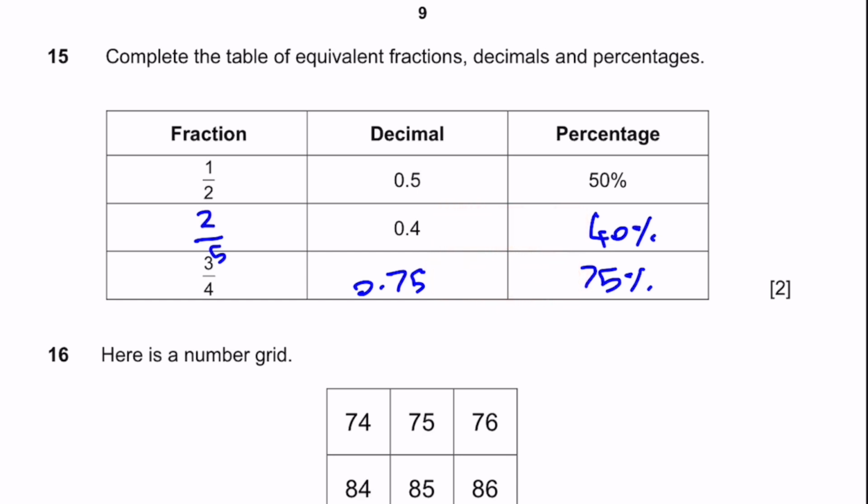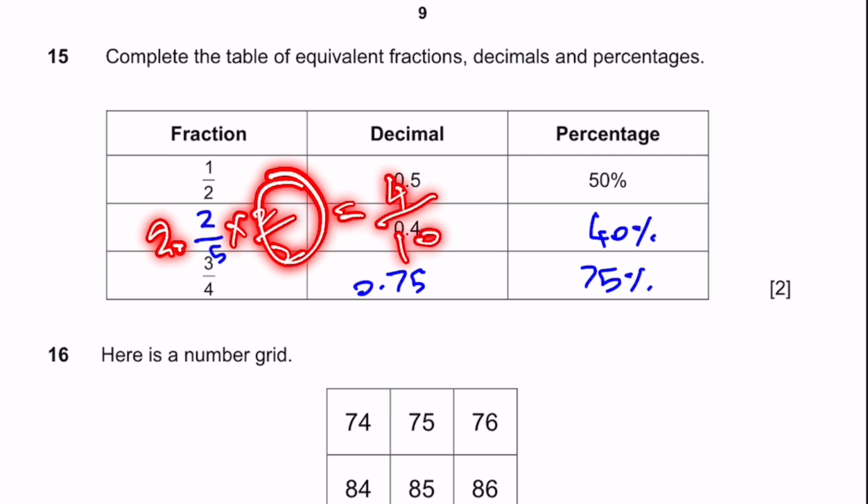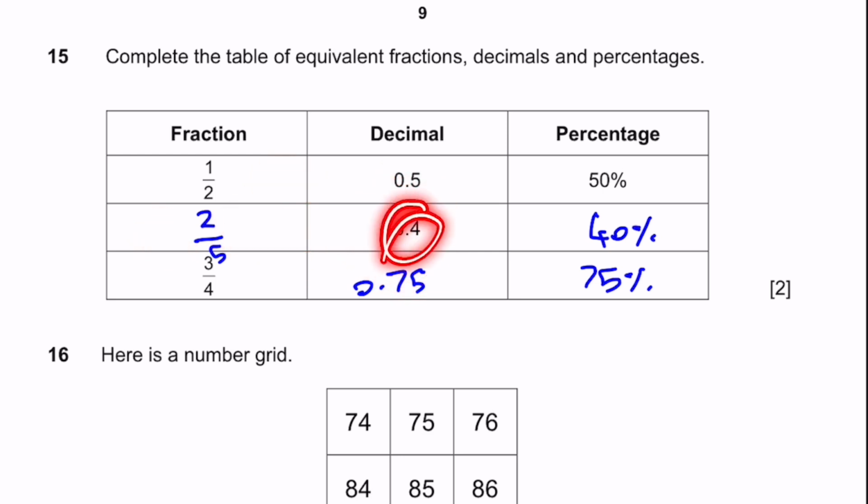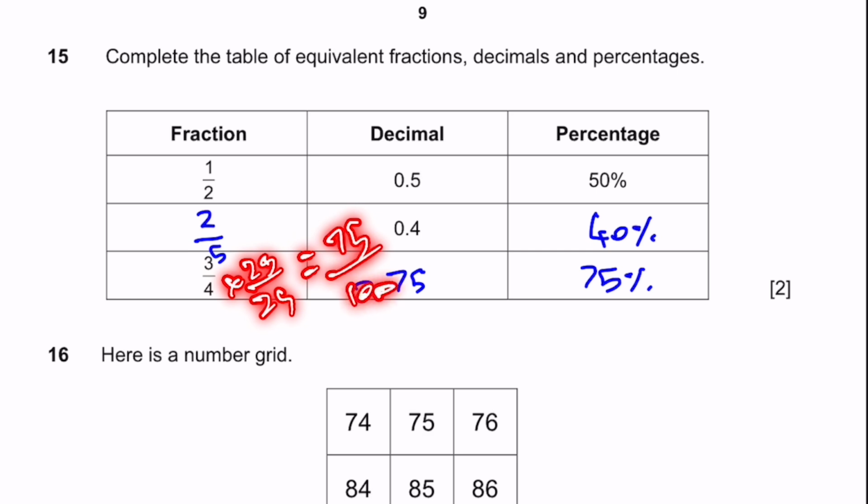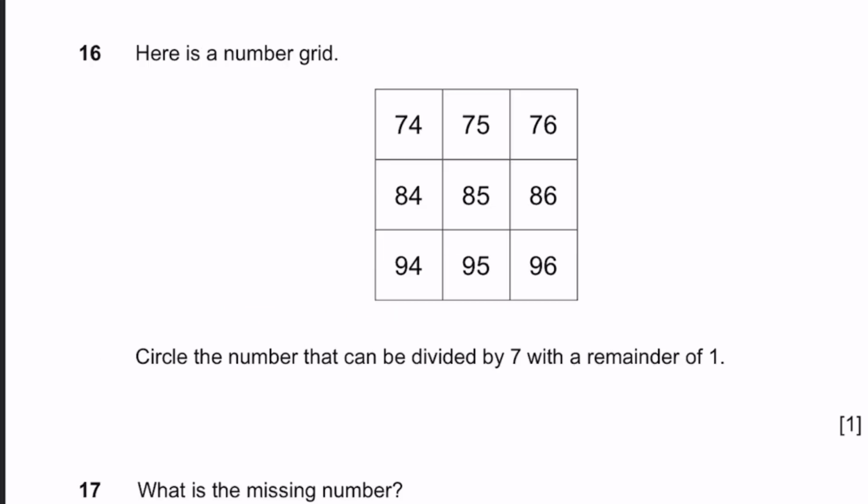And for the fraction, multiply it by some amount. For the second one, it'll be 2 by 2 to get the denominator as a power of 10. In this case, it'll be 10. And then change it to decimal like that, 0.4. For this one, we can multiply it by 25 on both sides to get 75 by 100, right? And that'll be 0.75.